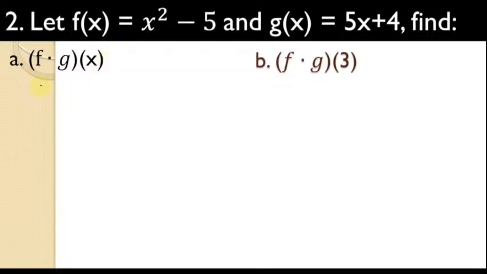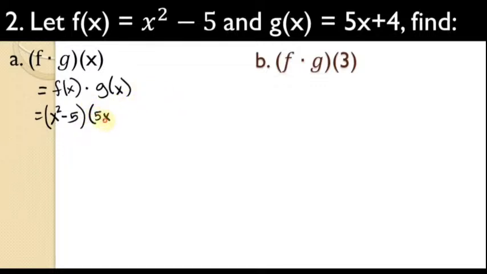So equals f of x, diretso na tayo, times g of x. Substitute natin what is the value of f of x, that is x squared minus 5 times value of g of x, that is 5x plus 4.